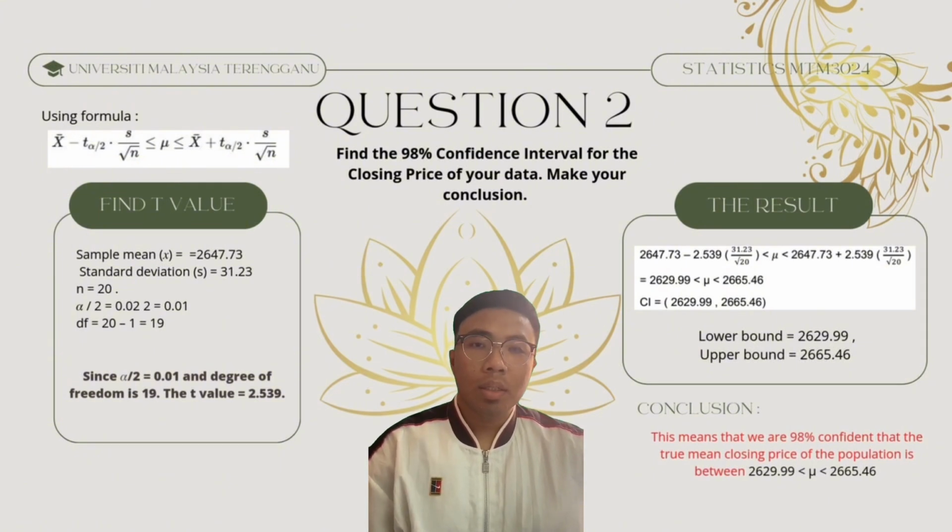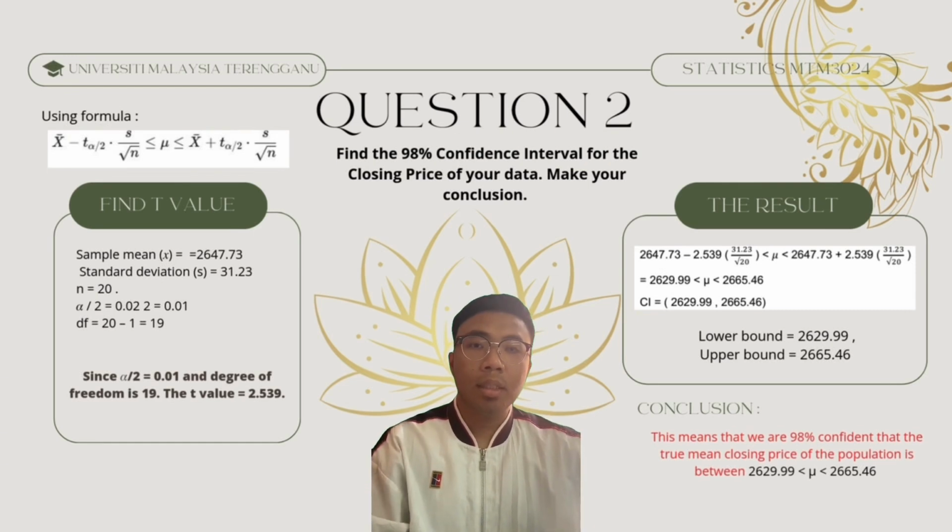So 2,647.73 minus 2.539 bracket 31.23 over square root 20 less than mu less than 2,647.73 plus 2.539 bracket 31.23 over square root 20.